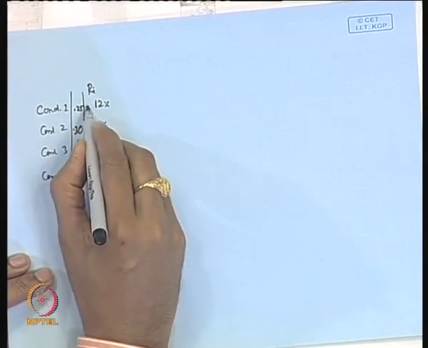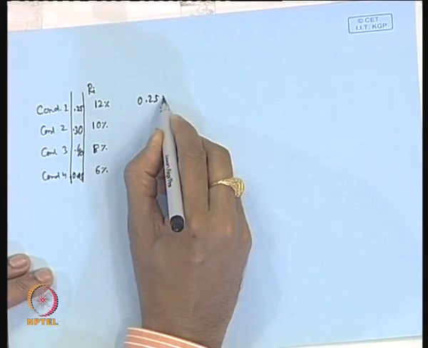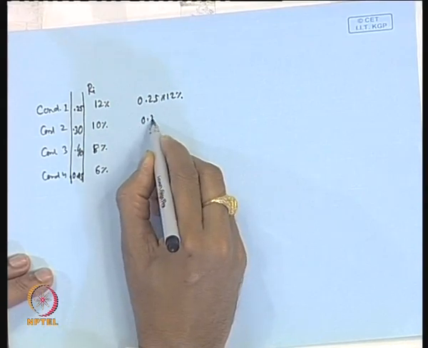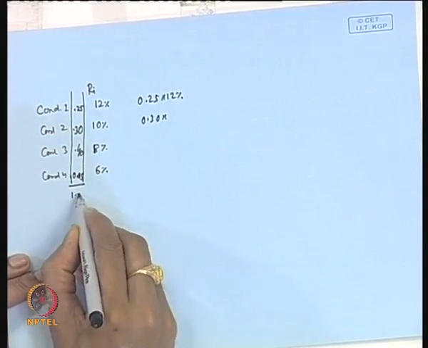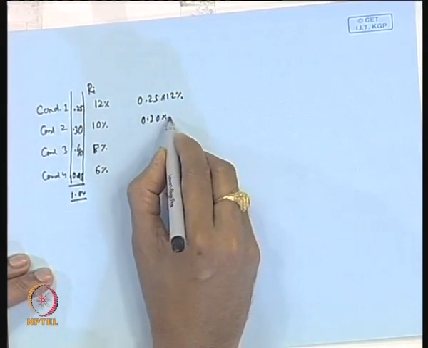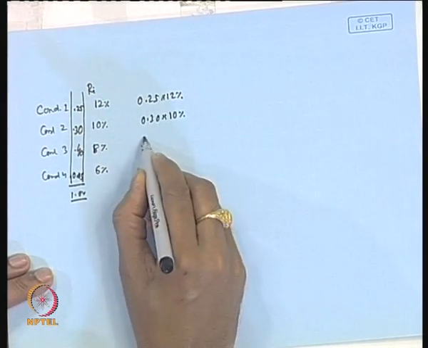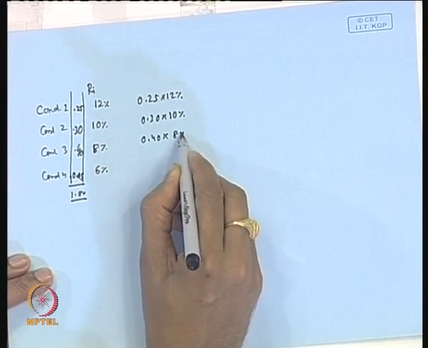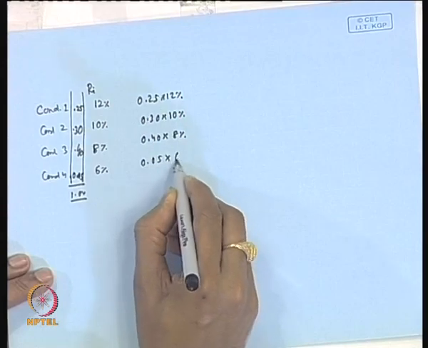So, what do you do? We multiply like this. So, 0.25 into 12%, 0.30 into 10%, 0.40 into 8% and 0.05 into 6%, where the total of the probabilities is actually 1.00.